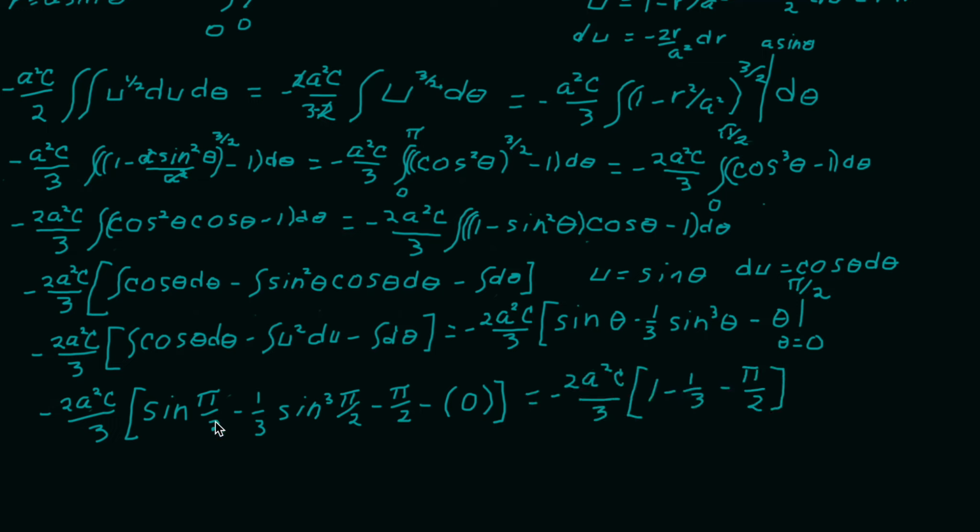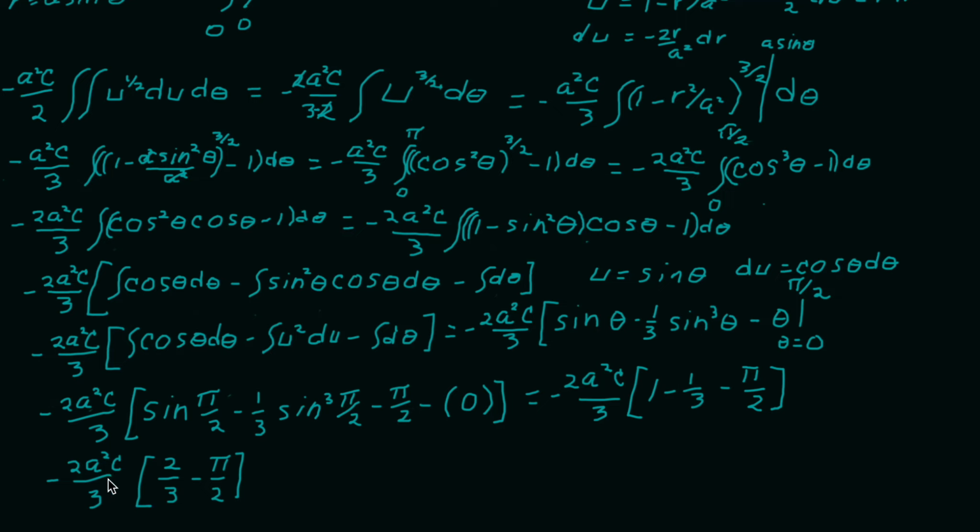Sine of pi over 2 is 1. Sine cubed pi over 2 is still 1 times 1/3. We'll give you minus 1/3 here, and we'll bring the pi over 2. We'll drop the 0. So then all this becomes 1 minus 1/3, which is 2/3, minus pi over 2.